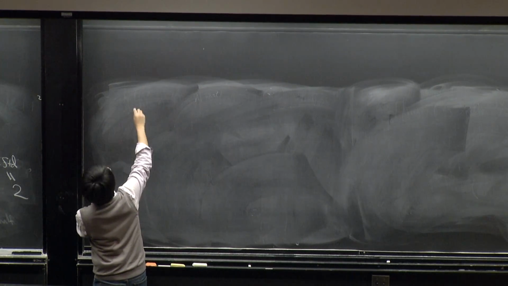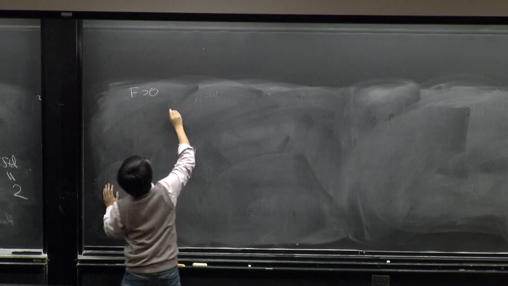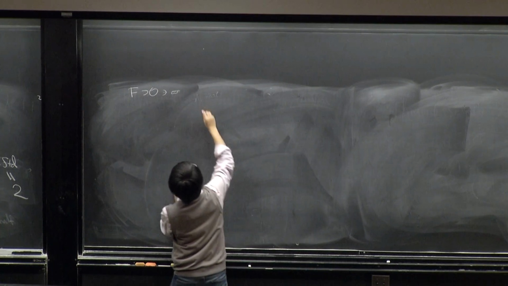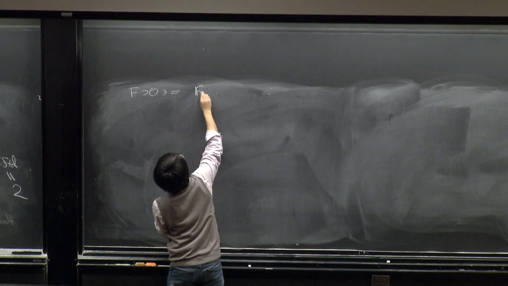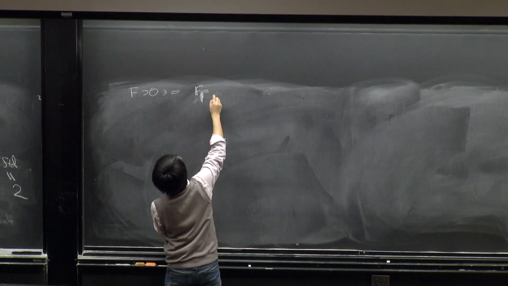So I will fix F, a local field, which contains a ring of integers. Let me choose a uniformizer pi, not important. I assume the residue field is just F_p for simplicity.